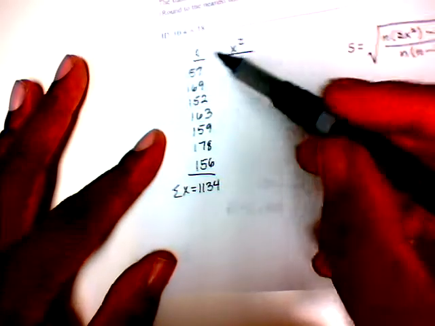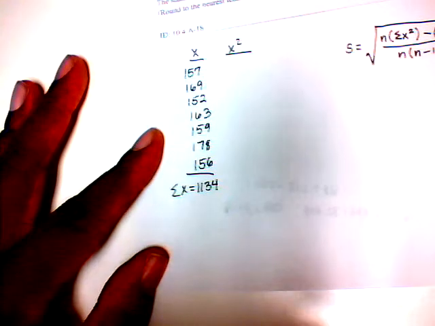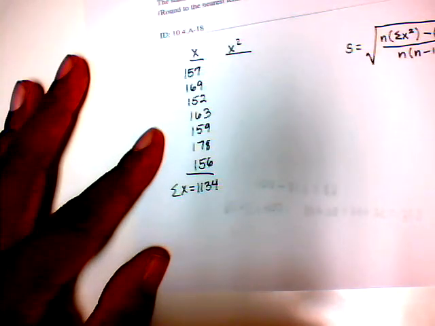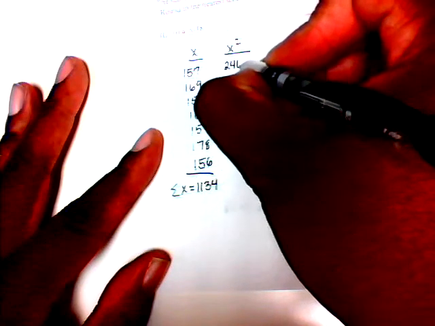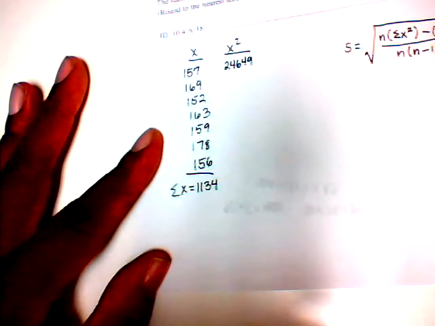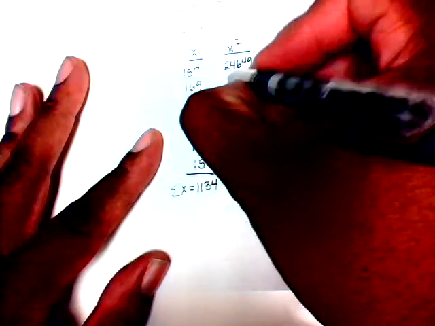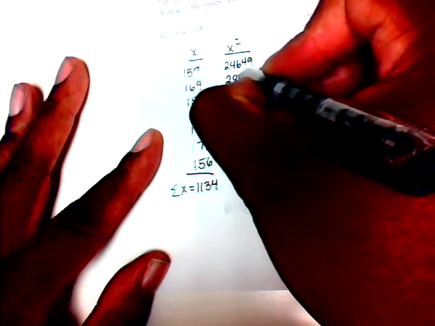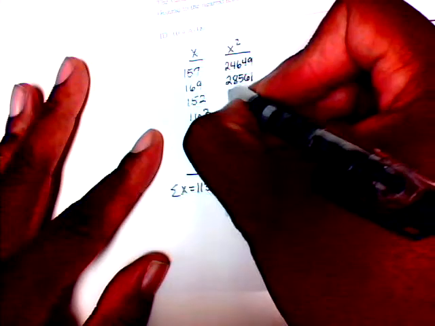Now for the x squares, I'm going to square each one of those individual x values. If I square 157, that's going to give me 24,649. Square 169, that would give me 28,561. Square 152, that would give you 23,104.